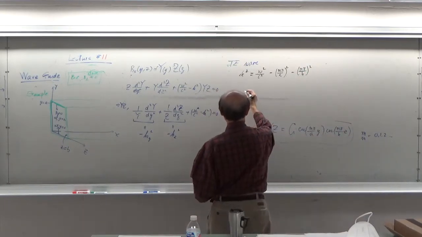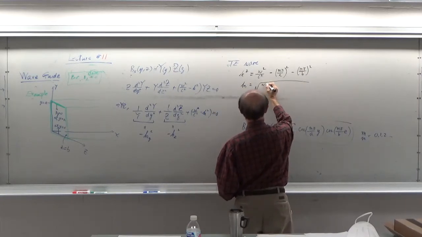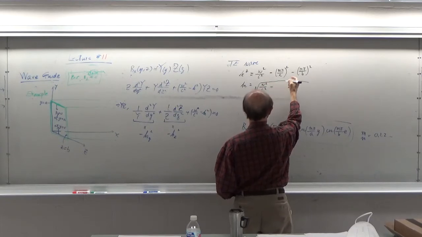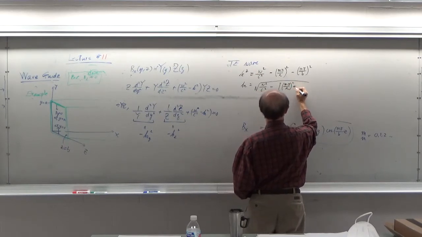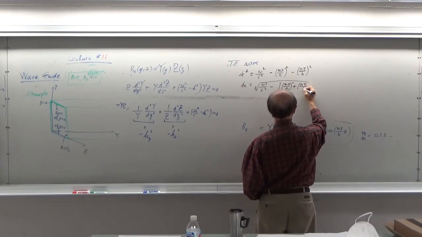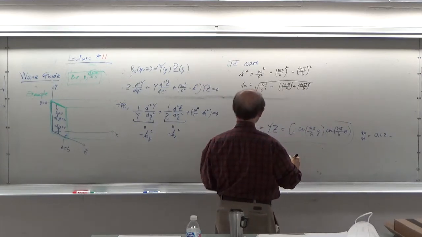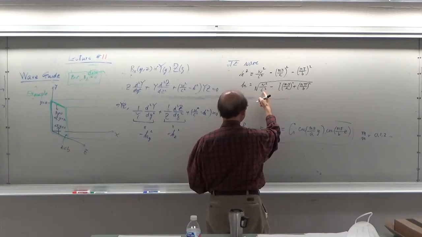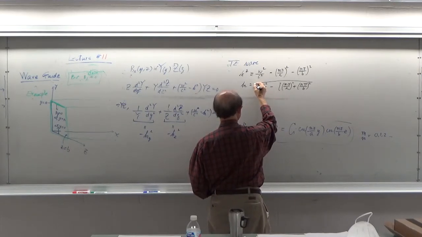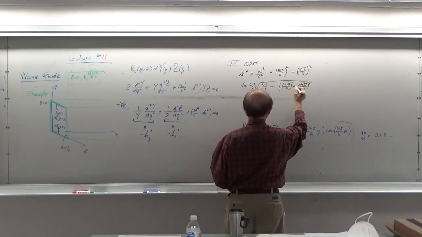So that k would be equal to the square root of omega squared over c squared minus m pi over a squared plus n pi over b squared. And let me actually put out this factor of 1 over c squared, so that it comes out as 1 over c, so that I have to multiply this by c squared.